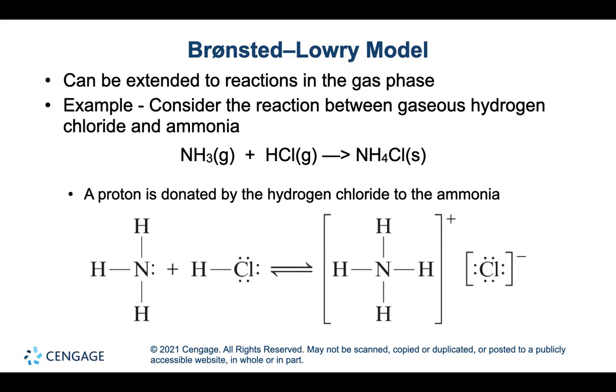And if you have a positive one and negative one ion, they're going to attach to each other and make an ionic crystal. So we would actually look at this as HCl being an acid donating H plus to NH3 to form NH3's conjugate acid, NH4 plus, and HCl's conjugate base, Cl minus. And so there's an example of the Bronsted-Lowry model being extended to gases.